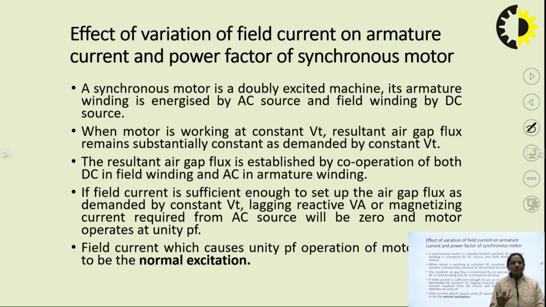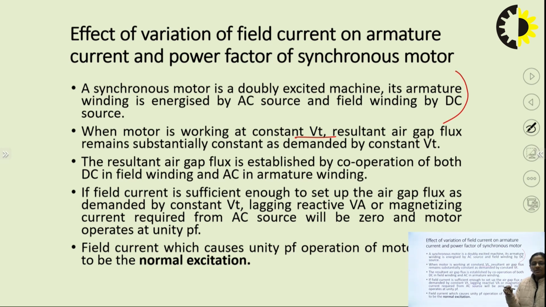The outcome of this will give us the V and inverted V curves of the synchronous motor, right? So, as I told you, a synchronous motor is a doubly excited motor. Its armature winding is energized by an AC source and the field winding is energized by a DC source. Now, when the motor is working at constant Vt, Vt is the voltage given to the armature winding of the machine.